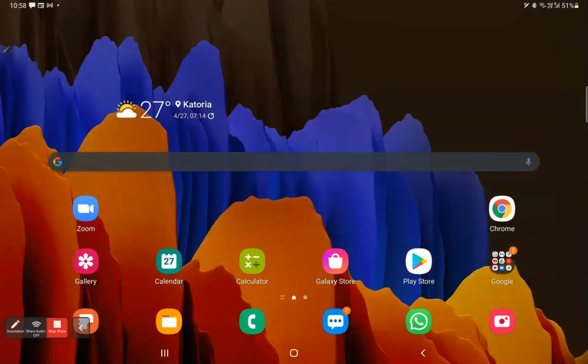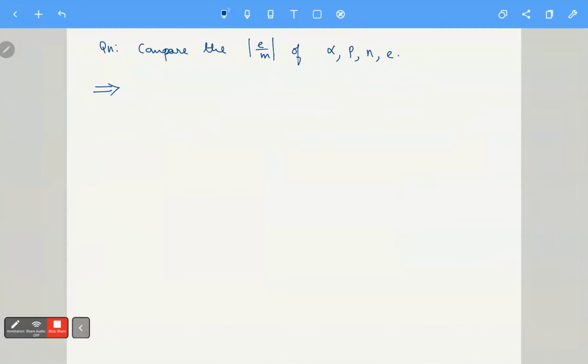Yes, let's continue. Neutron will have the 0 value. e by m for neutron is 0.